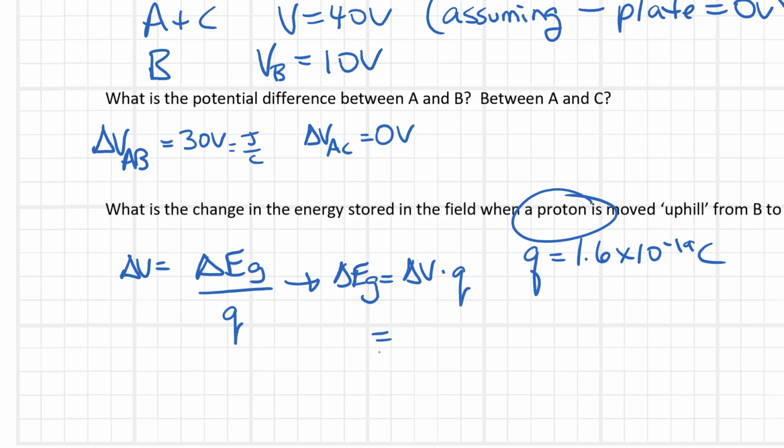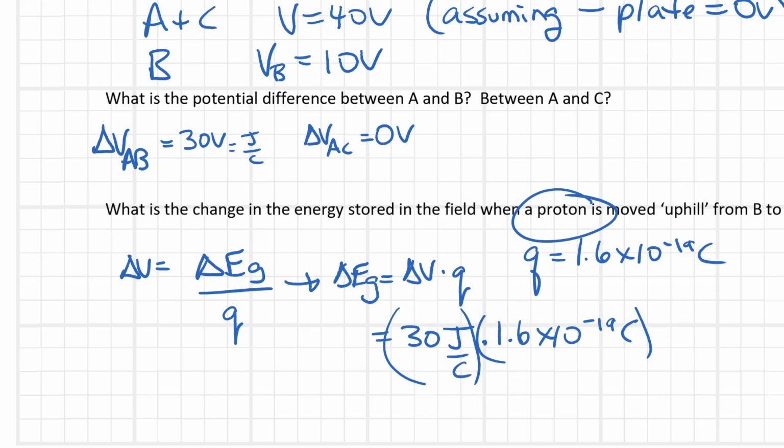So we had 30 volts from our previous question between B and A, and we're multiplying that by, instead of volts, joules per coulomb, because then my units work out really nicely, multiplied by my charge, in this case 1.6 times 10 to the negative 19 coulombs. So I'm multiplying those two together.